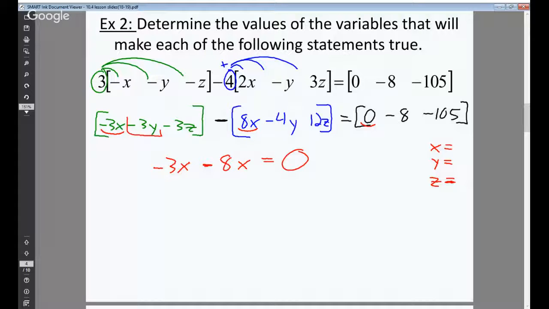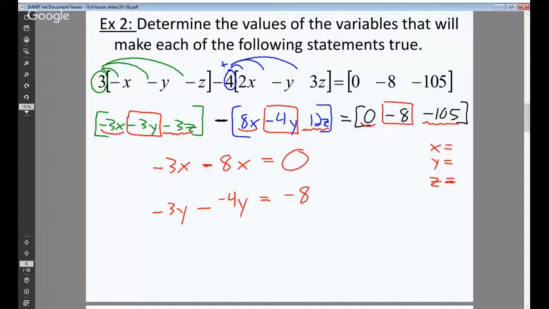We can do the same thing with the middle parts: the -3y, the -4y, and the -8. Let's pair them all up. The -3y minus the -4y equals -8. And then last but not least, you have the third elements, the -3z, the 12z, and the -105.